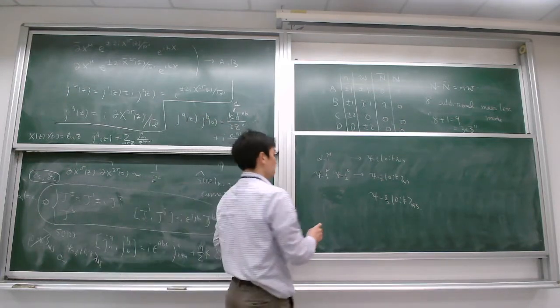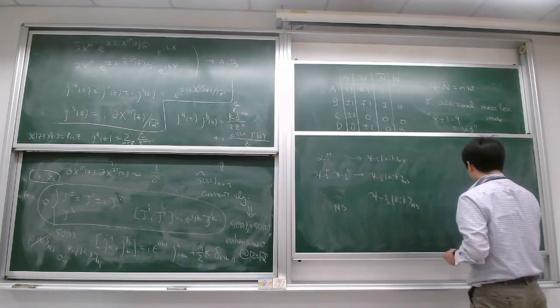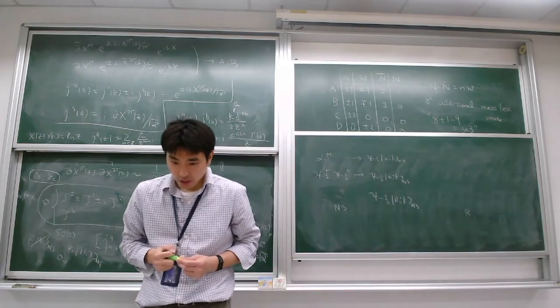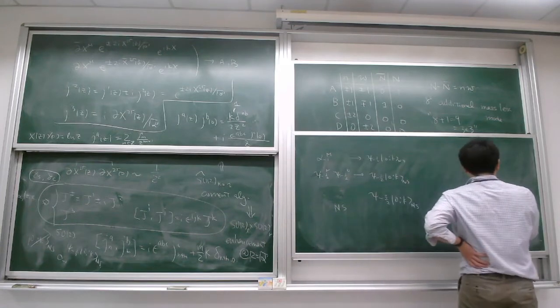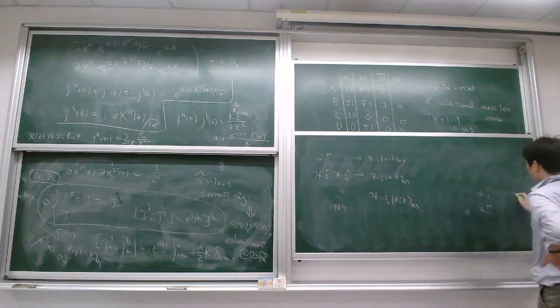So this is NS. Ramond is the same. In Ramond, you should get the same number of first massive states. Essentially, you get this one, right? Alpha minus mu acts on it, and then psi minus 1 acts on the Ramond ground state.